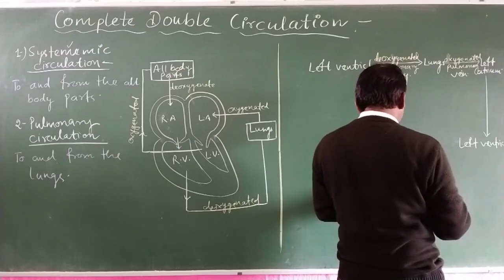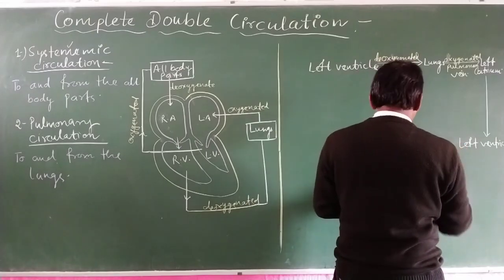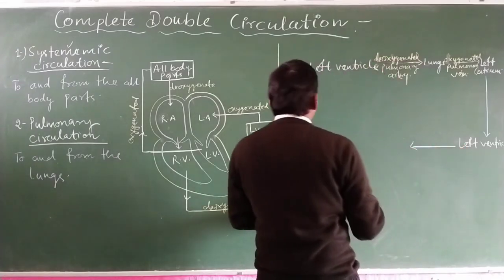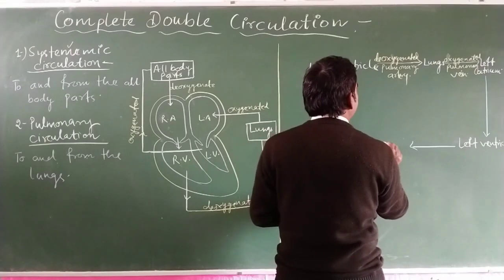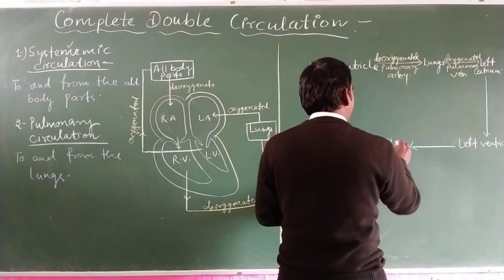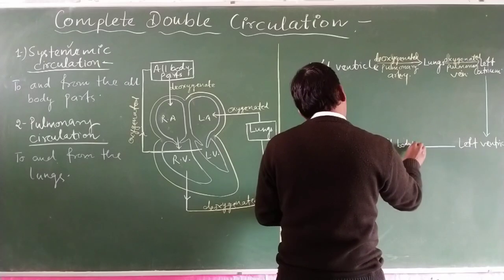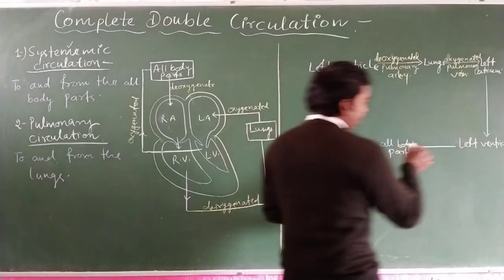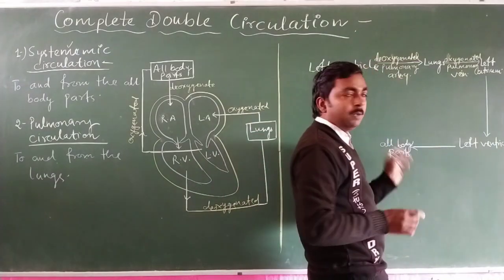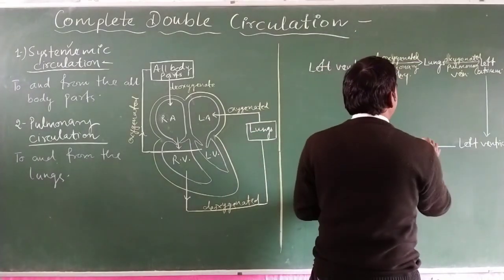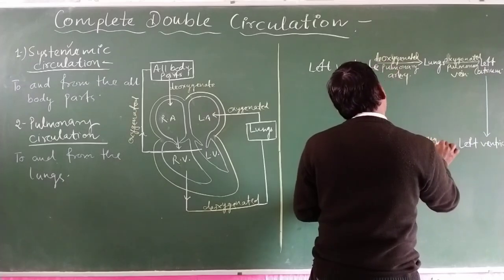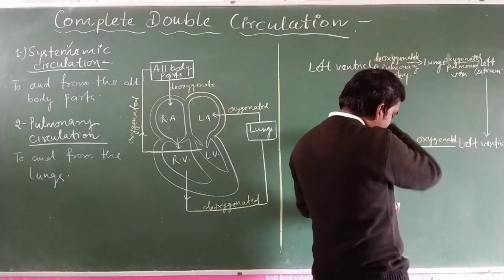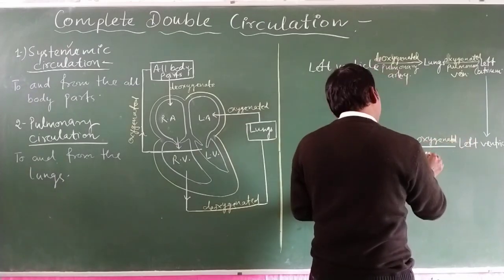From the left ventricle the blood goes to all parts of the body. The blood transferred to all body parts is oxygenated, and this supply of blood takes place through the aorta.